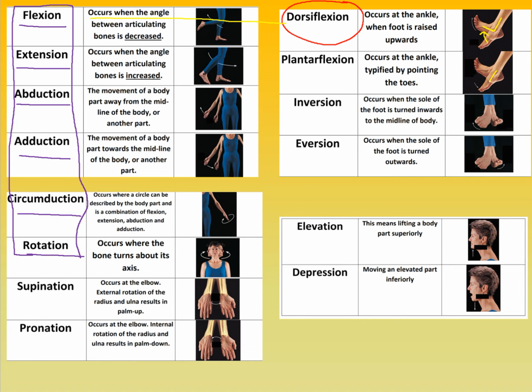Plantarflexion, good toes in ballet. You can tell I've been watching my daughters do ballet. Good toes is called plantarflexion, which is a type of extension. We've also got these two at the bottom here, supination and pronation. They're turning your wrists upwards or downwards. They are examples of rotation.